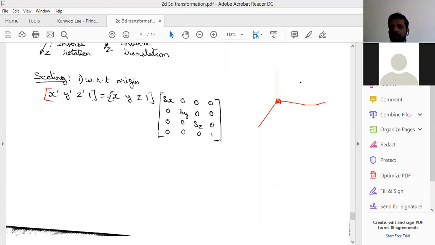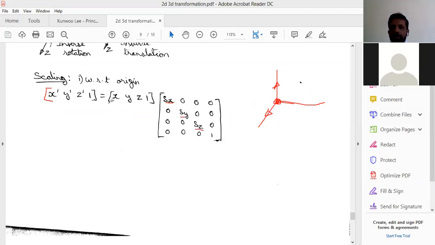The new value should become x dash, y dash, z dash, but its initial point is x, y, and z. So what should be the scaling factor with respect to x, with respect to y, and with respect to z? That determines sx, sy, and sz.